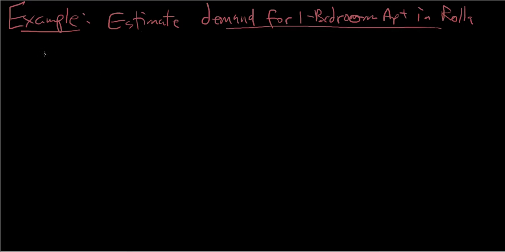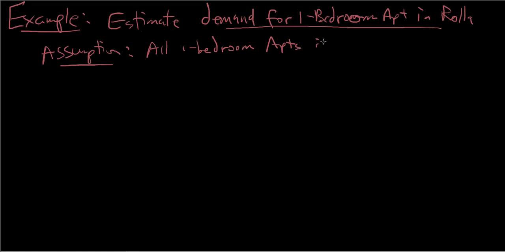Let me make a simplifying assumption that will make our life a lot simpler. Big assumption here: we're going to assume all one bedroom apartments in Rolla are of the same quality.